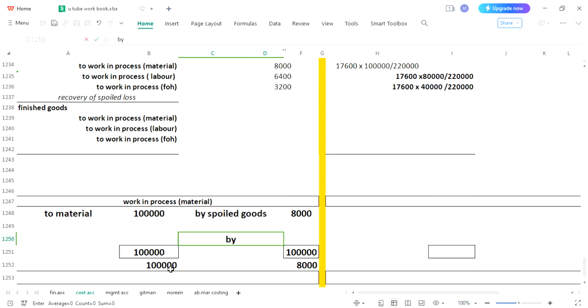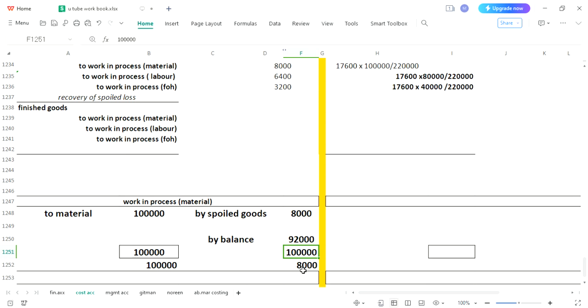How will you calculate this balance? By subtracting the smaller sum from the larger sum. Larger sum was 1 lakh, and you need to subtract the smaller sum, which was 8,000. In this way you have calculated the balance, 92,000, and the same amount would be written in front of work in process material.